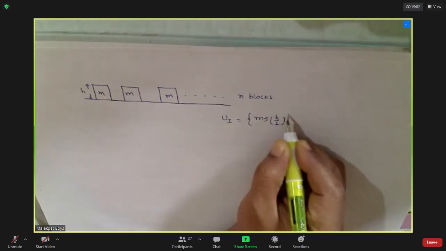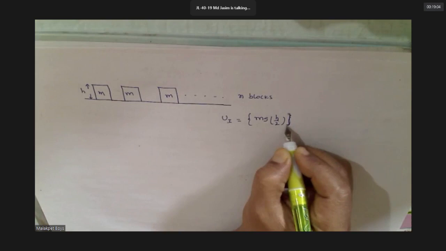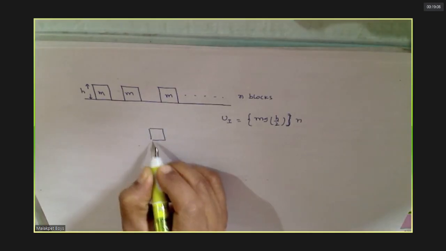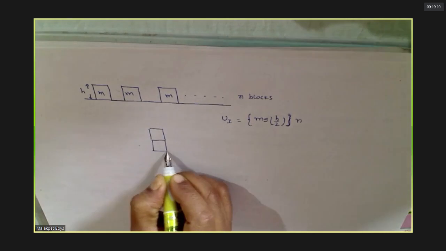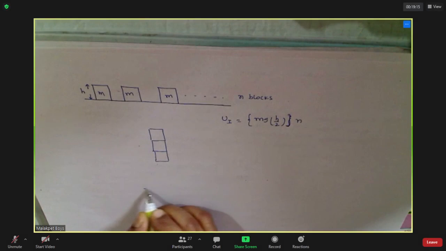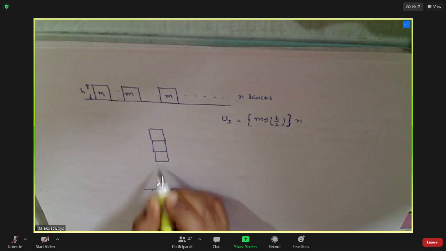How many blocks are there? N blocks. Now you are arranging one over the other. Now how many blocks are there?